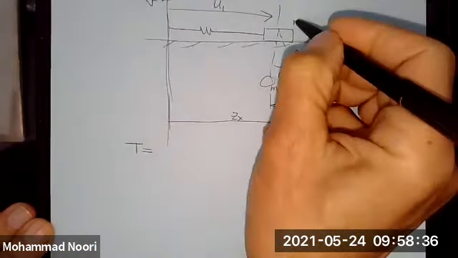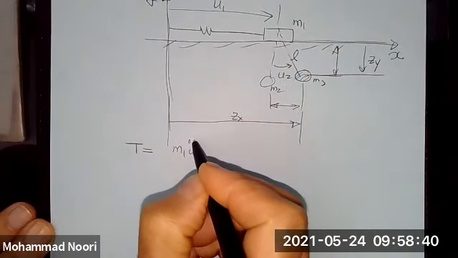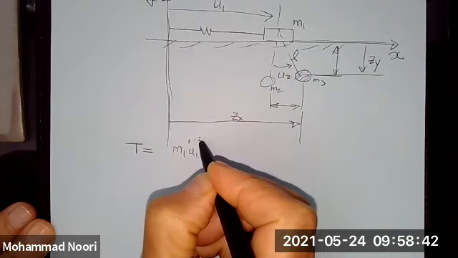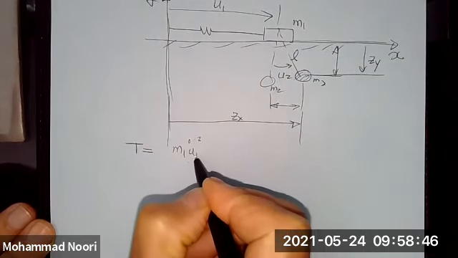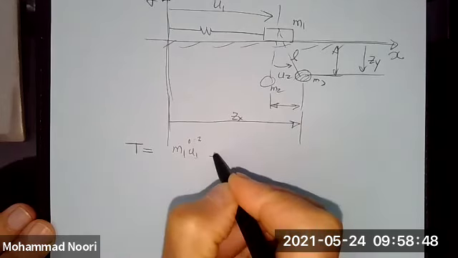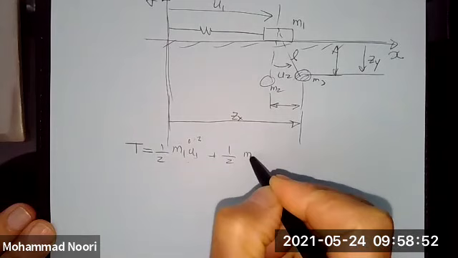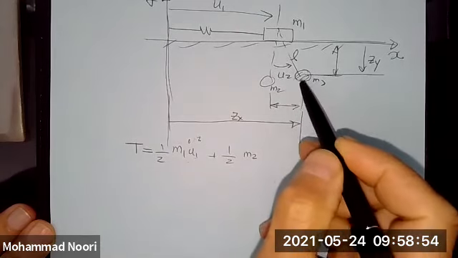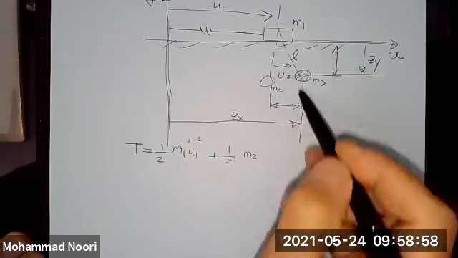What is the kinetic energy? Kinetic energy would be simply the kinetic energy of this guy, 1/2 M1 U1 dot squared, plus 1/2 M2 times the velocity squared, but this is moving in two different directions.